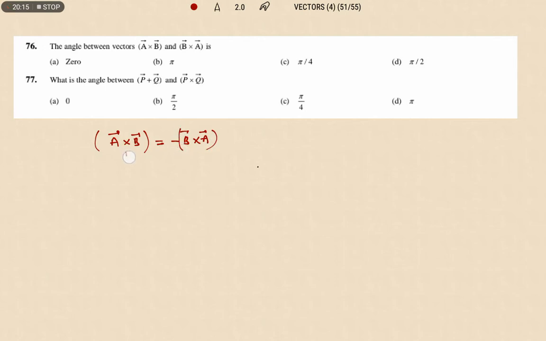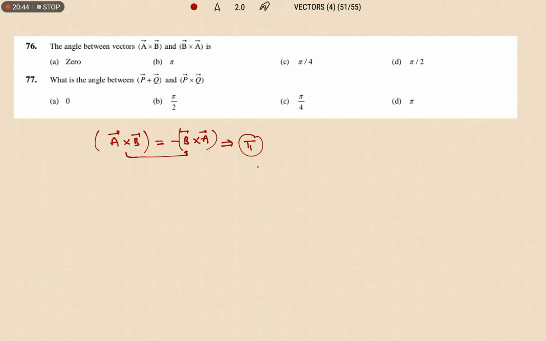If so, what kind of vectors can we say these two vectors are? They are opposite vectors. Opposite vectors are nothing but the angle between them will be pi only. This is A bar cross B bar, this is minus B bar cross A bar.